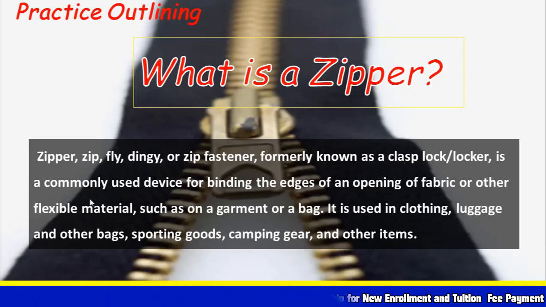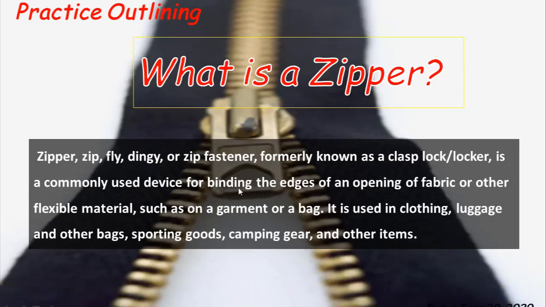It's a commonly used device for binding, connecting together, the edges, side to side, of an opening or of fabric, like clothes, and all other flexible materials such as on a garment or a badge. It is used in clothing, luggage, and other bags, sporting goods, camping gear, and other items.